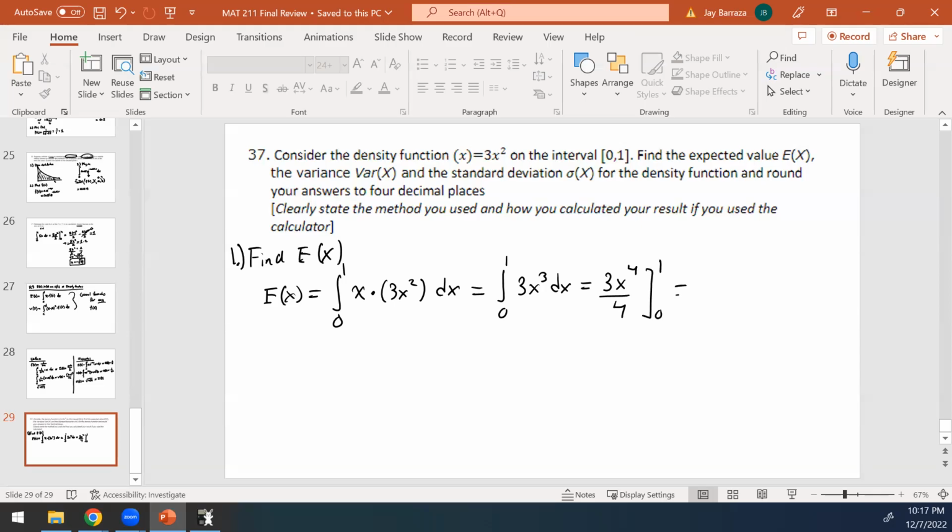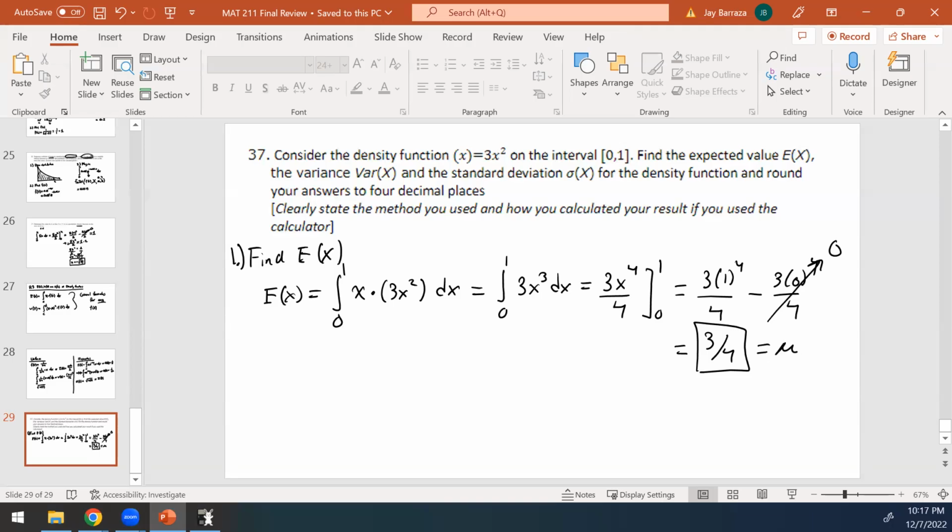From 0 to 1, you plug in 3 times 1 to the 4th, minus 3 times 0 to the 4th power over 4. Parentheses do matter, especially when they're negative. Anything times 0 is 0, and 1 to the 4th power is 1, so it's 3/4. That is my expected value, which is also equal to mu.